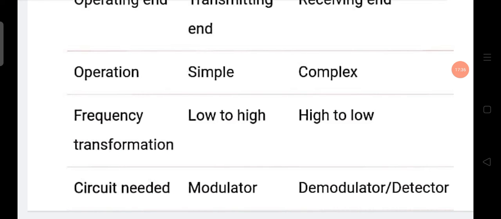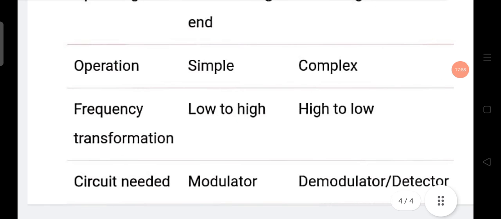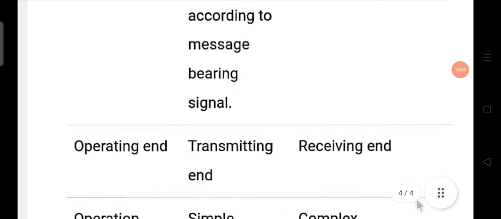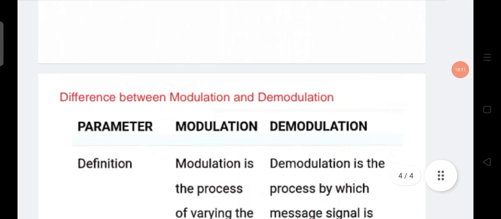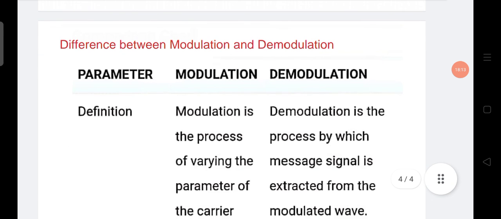At the demodulation side, high frequency is received from the antenna, and after extraction or demodulation, we get low frequency. So in demodulation, high frequency to low frequency, and in modulation, a low speed signal is converted to a high modulated signal. Now the circuit needed: a modulator circuit is needed, and a demodulator circuit or detector circuit is needed. This is the basic difference between the modulation process and demodulation process.